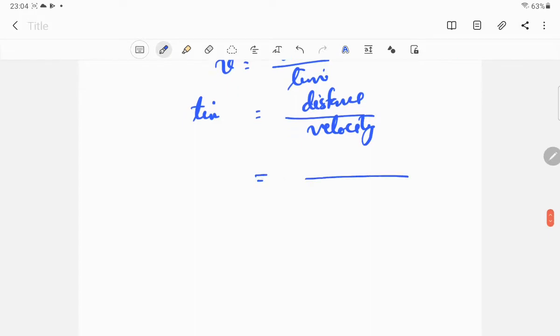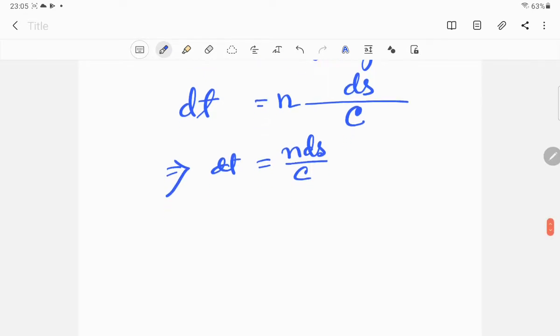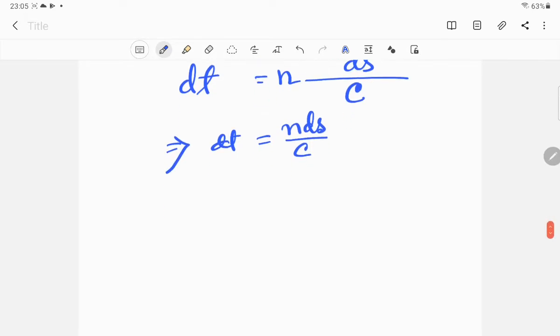Here our distance is ds and velocity is c. I will name the time dt. Since it is passing through a refractive index n, it is n ds by c. This is for a small distance ds.